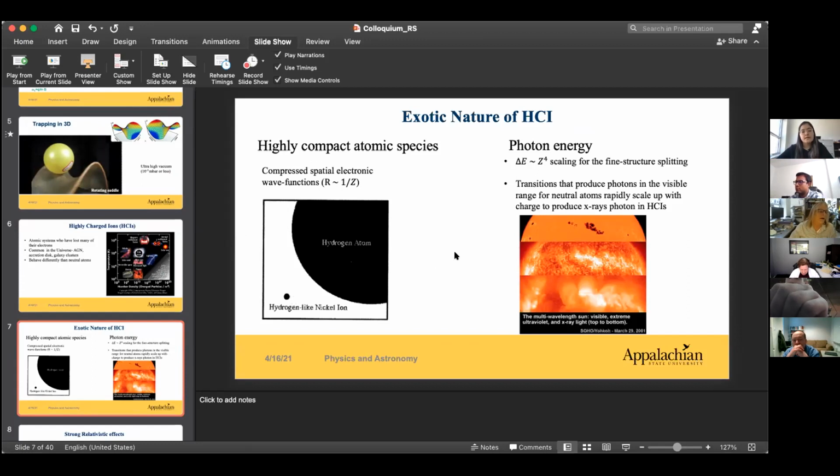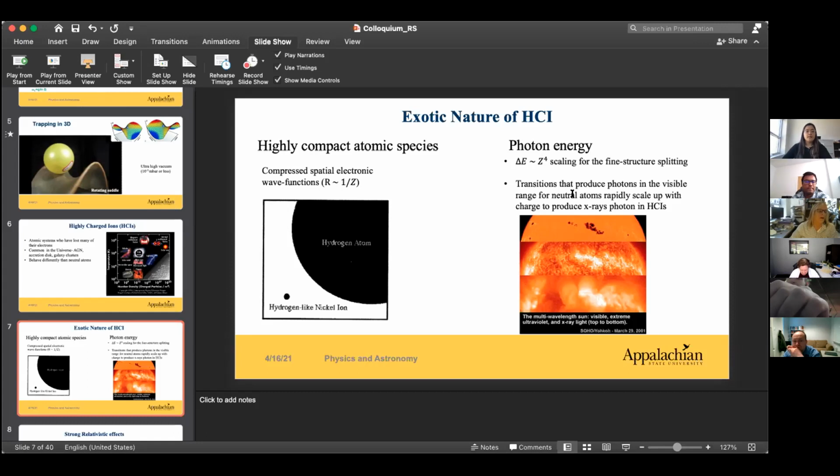And then the other thing with these highly charged ions is how the photon energy scales. Z here is the nuclear charge, and you can see that the energy splittings in this system scale with the 4th power of Z. What this means is that a normal transition that would produce photons in the visible region for neutral atoms is now shifted to the X-ray region.